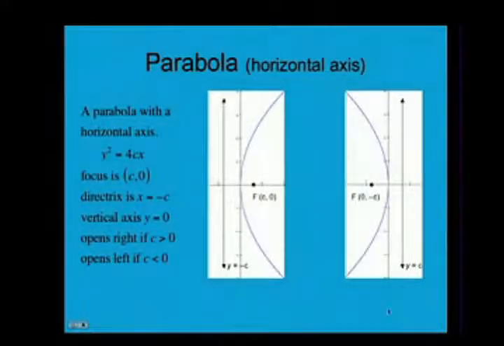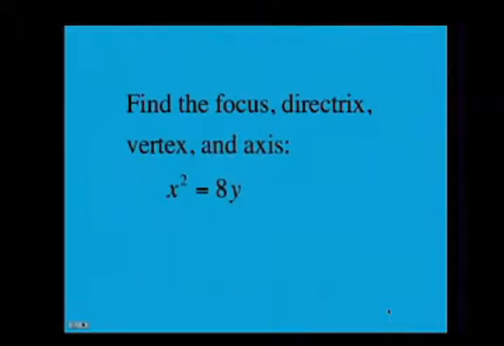I think it's best if we look at some examples of parabolas. So let's do an example where we find the focus, the directrix, and the vertex, as well as the axis of the parabola for the equation x squared is equal to 8y. Let's start by writing that on the board.